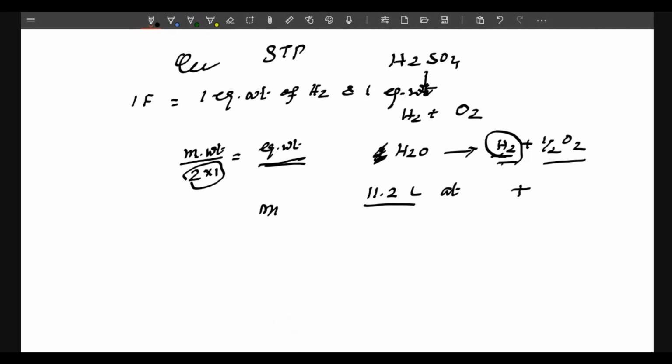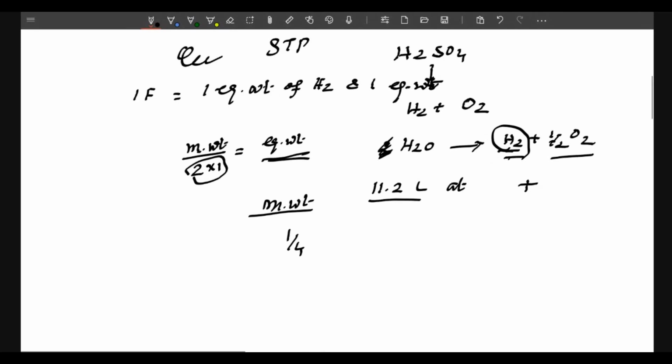And how many liters of oxygen? The molecular weight divided by valence factor. How many atoms are there? Here, half a mole consists of one oxygen atom, divided by its valency. You can also calculate in this way: 1 mole of oxygen liberates 22.4 liters.